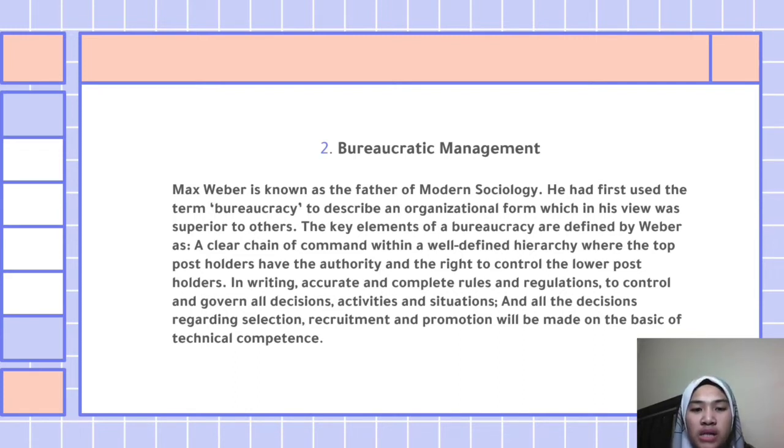In writing, accurate and complete rules and regulations to control and govern all decisions, activities, and situations, and all decisions regarding selection, recruitment, and promotion are made on the basis of technical competence.